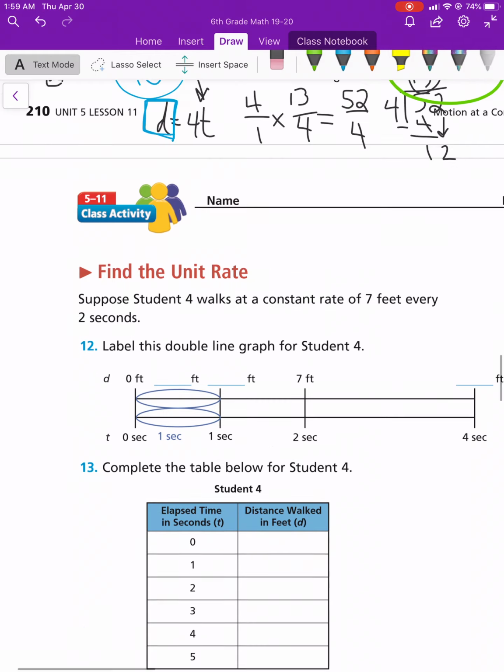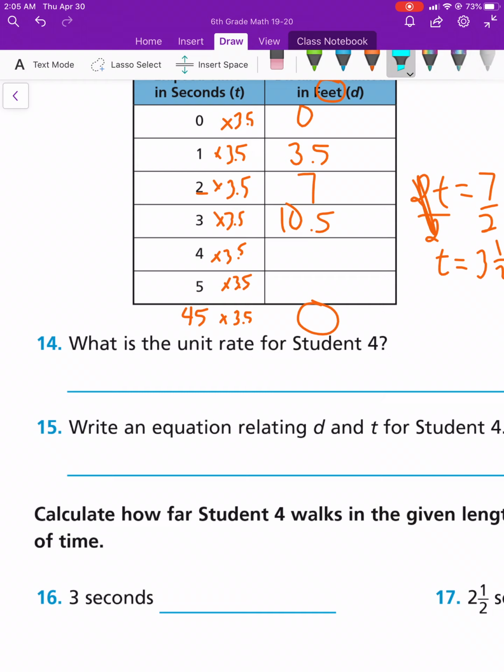So now it's asking me what is the unit rate for this, and I'm going to give you a real simple answer to unit rate. Remember back to 4th grade. In 4th grade, we talked about unit fractions, and we talked about unit ratios. I think we talked about it at the beginning of the year. So this is unit rate. A unit rate is at 1.